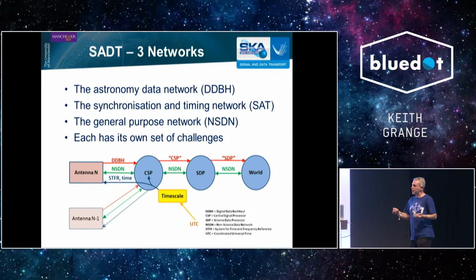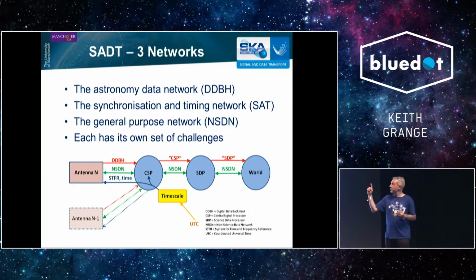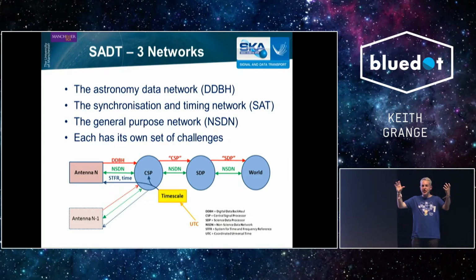So, in fact, that's only one of the things that we had to do, producing this network for the data transport of the astronomy data. We also had to work on what's called the synchronisation and timing. Now, the way that these telescopes work as an interferometer, I said you'd combine together the signals from lots of different antennas, which is fine, but it does mean that you need, at each antenna, a very, very accurate clock so that they're all in step with each other.